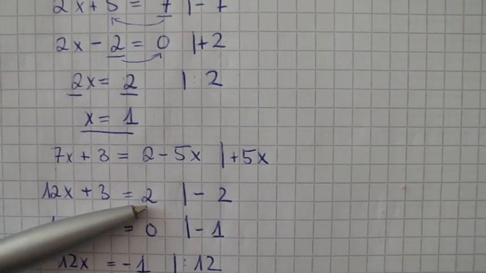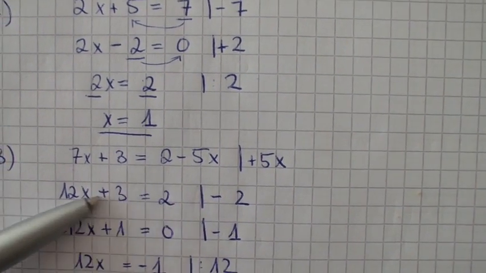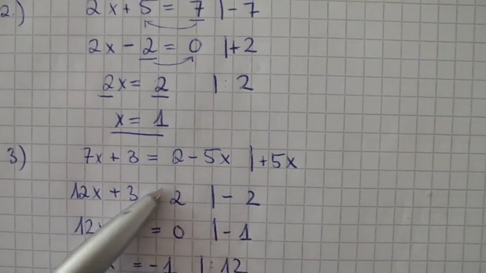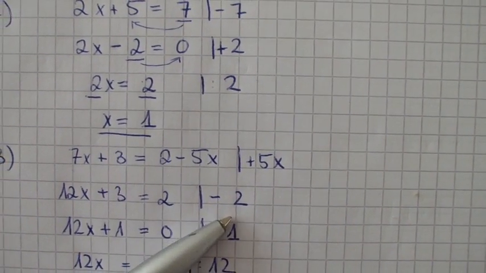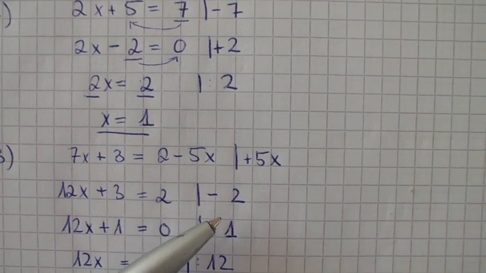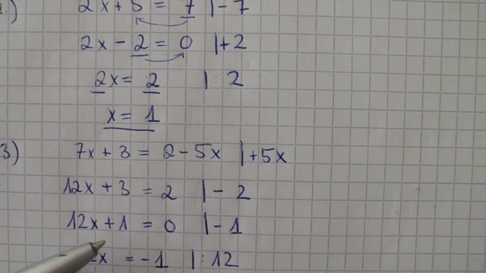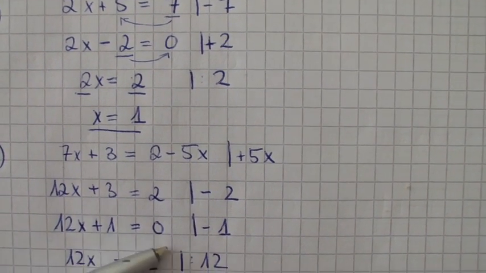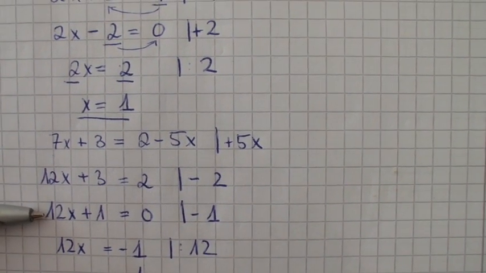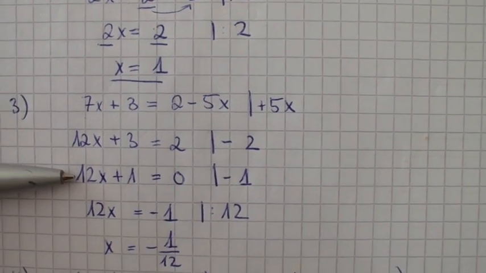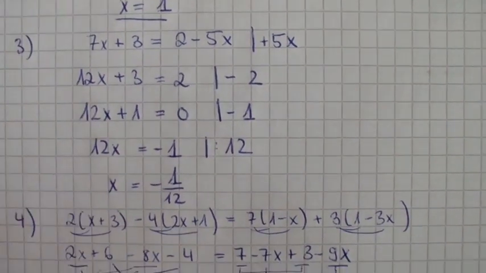Now what we have to do is bring the 2 to the left-hand side, so we have only 0 left here. Now what happens here is we subtract 2 on both sides of the equation, and we get 12x plus 1 is equal to 0. Okay, now we look at this kind of equation that is left here.